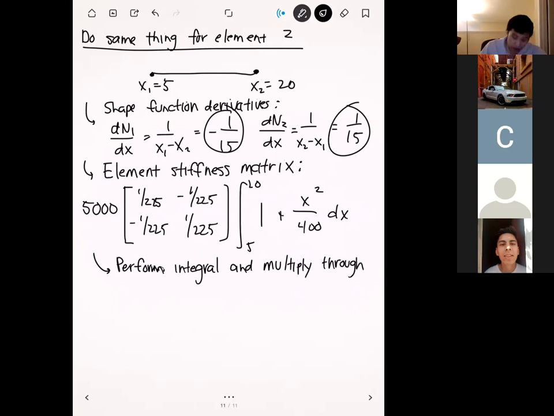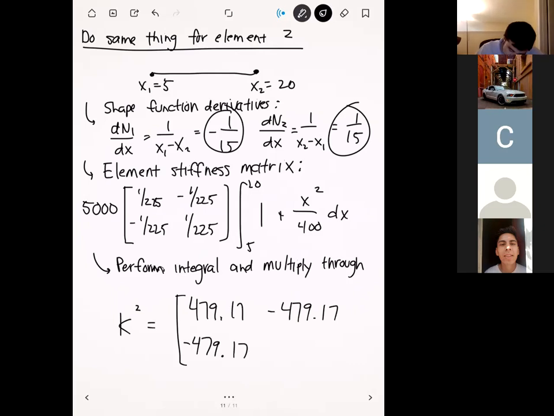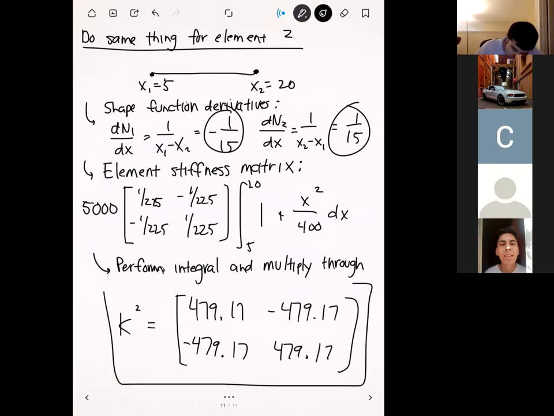And so if we perform this integral and then multiply through, we end up with the following. Okay. We end up with K2 is equal to 479.17, minus 479.17, minus 479.17, and then 479.17. Okay.